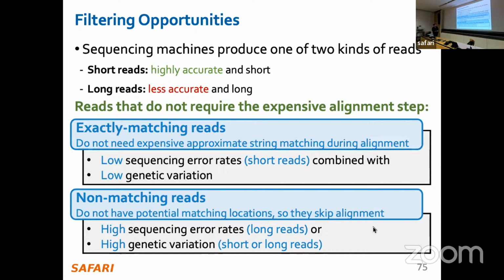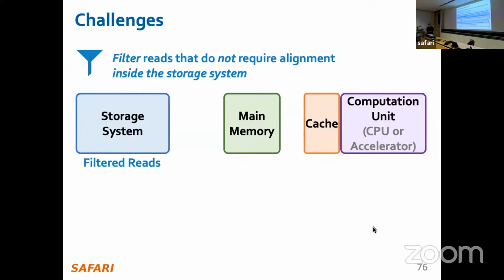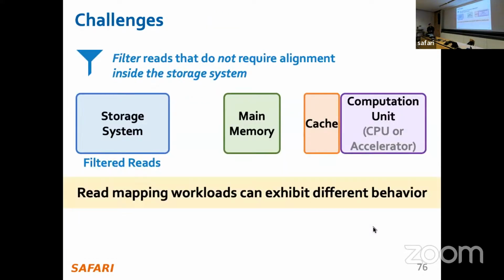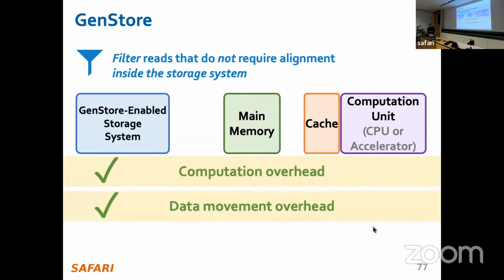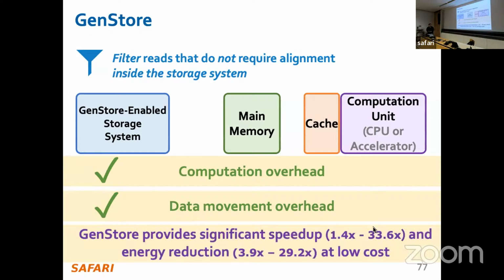These are the two opportunities that we're leveraging in GenStore. By doing so, you can accelerate the entire genome analysis by co-designing your storage system and the algorithms that you're using behind it.